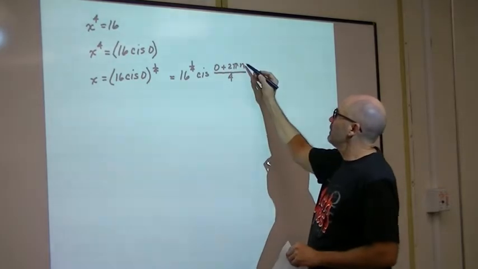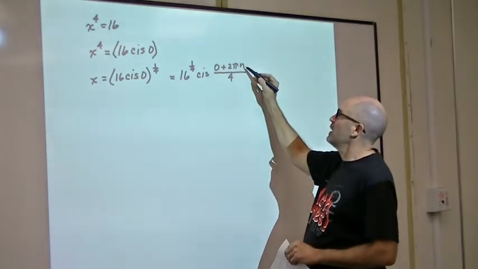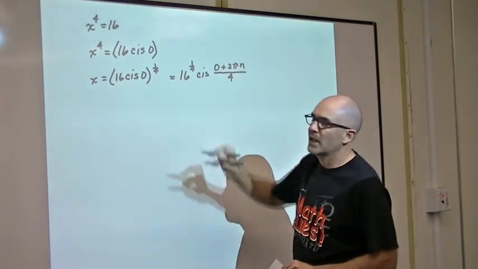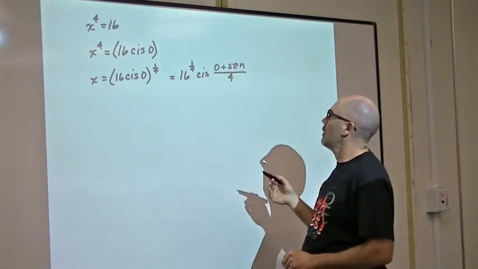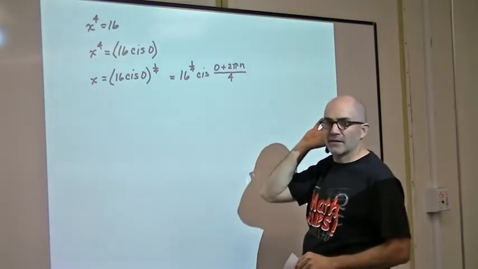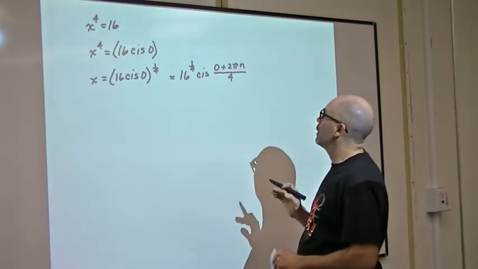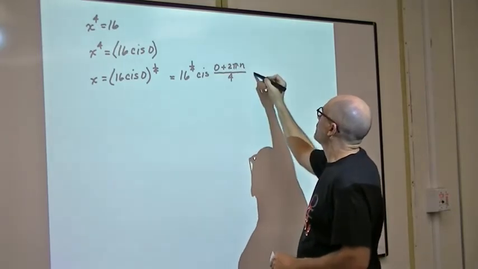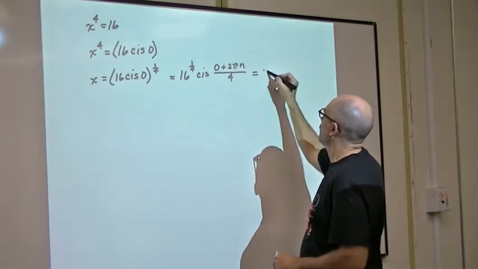So basically, if we only took one case where n was 0, then it would just be cis 0 over 4, which would be just 0. But we have 4 different n's that we're going to be using here. So let's do that now. So, let's simplify this. 16 to 1/4 clearly is 2.